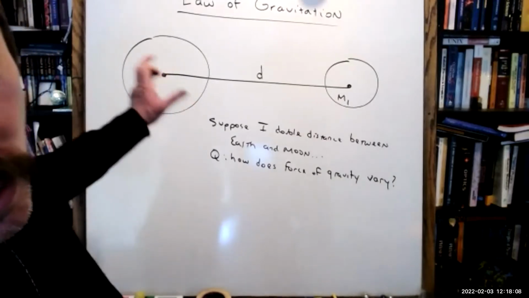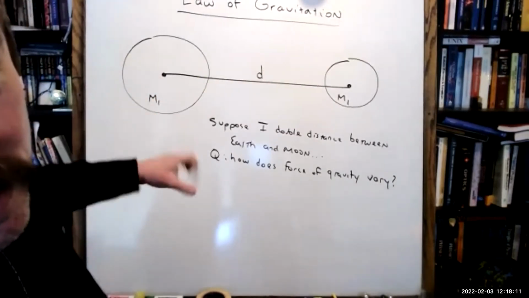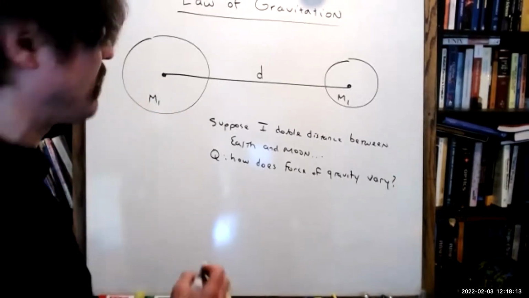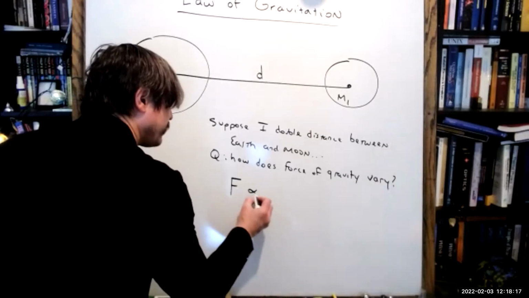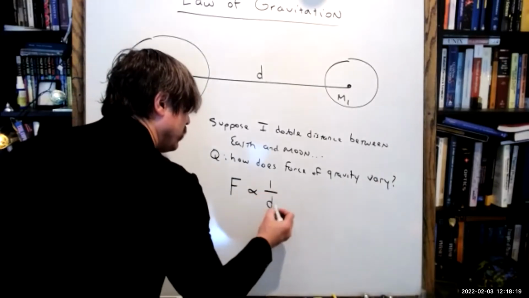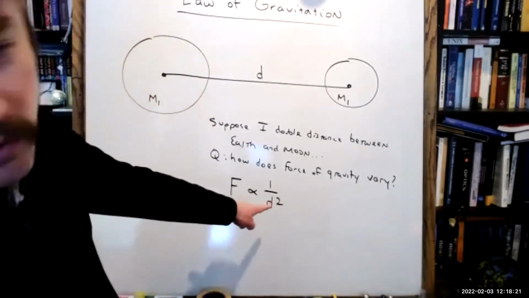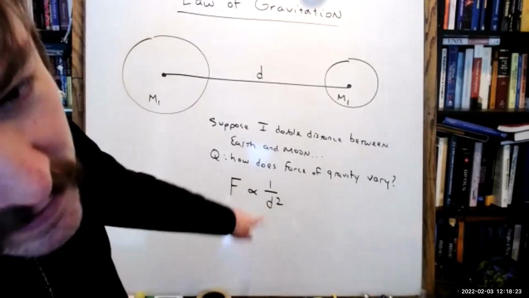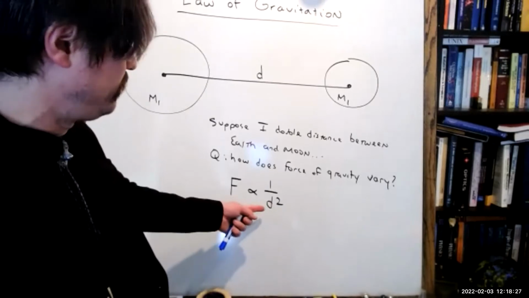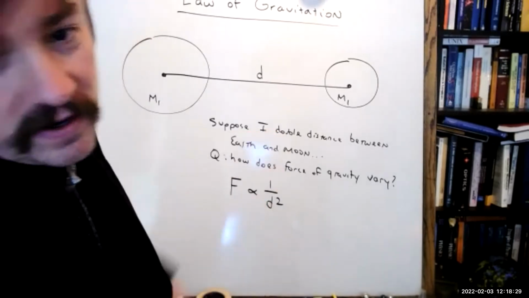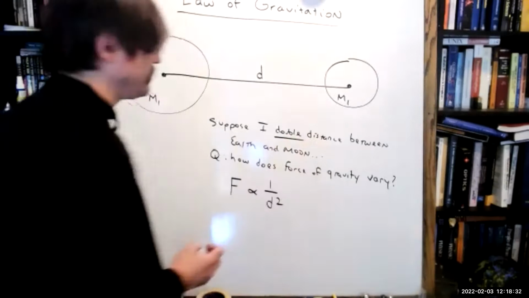What we would say is, okay, I'm not changing the two masses, so they're not involved in the problem. I can just focus on the distance. The force of gravity is proportional to 1 over d squared. You always have to write the d squared. You always have to put the d on the bottom. And then what you do is you just substitute in the factor by which the distance changes.